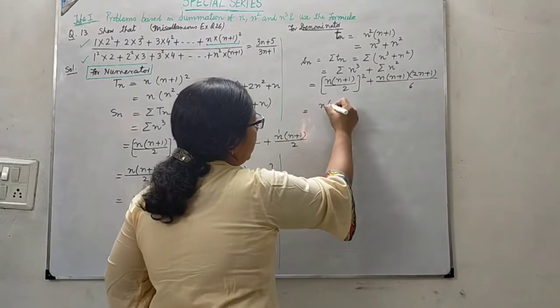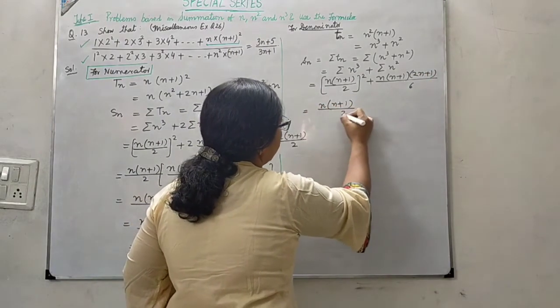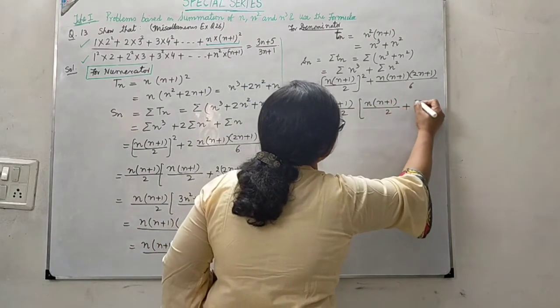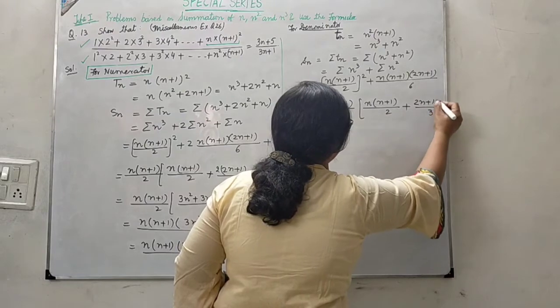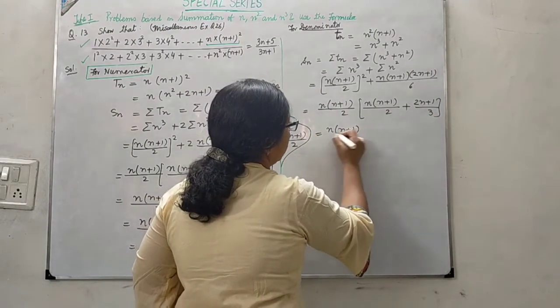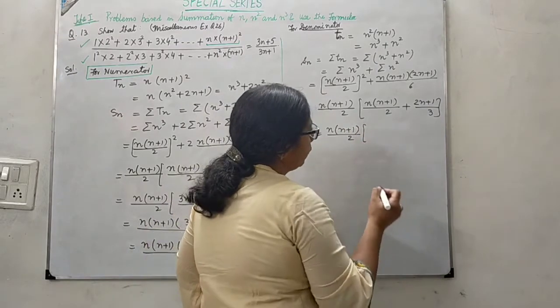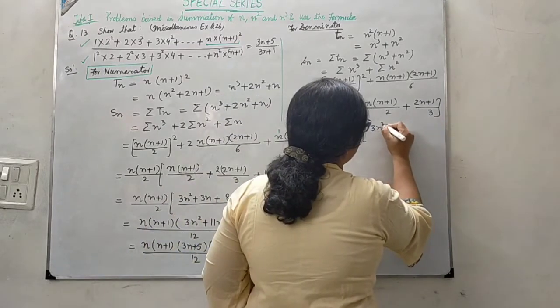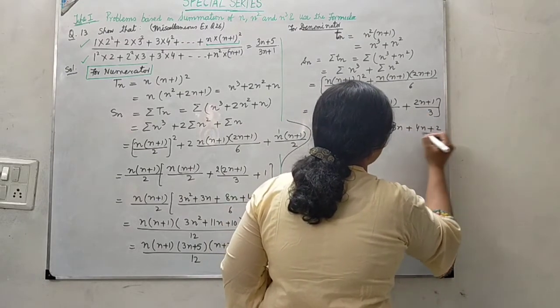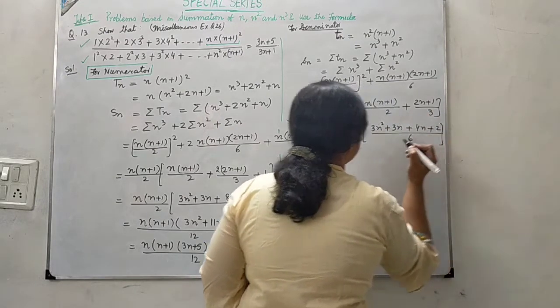So we are having again something common that I take. This is n plus 1 by 2 plus 2n plus 1 by 3, and we are left with n plus 1 by 2. Inside we have 3n square plus 3n plus 4n plus 2 by 6.